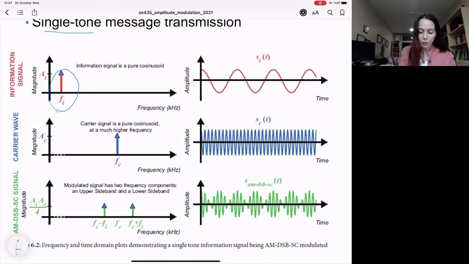In time domain, our carrier is also a sinusoid, so it's another impulse at higher frequency. So when we modulate, what are we doing? We're taking this impulse and putting it around fc. The result is something that looks like this.